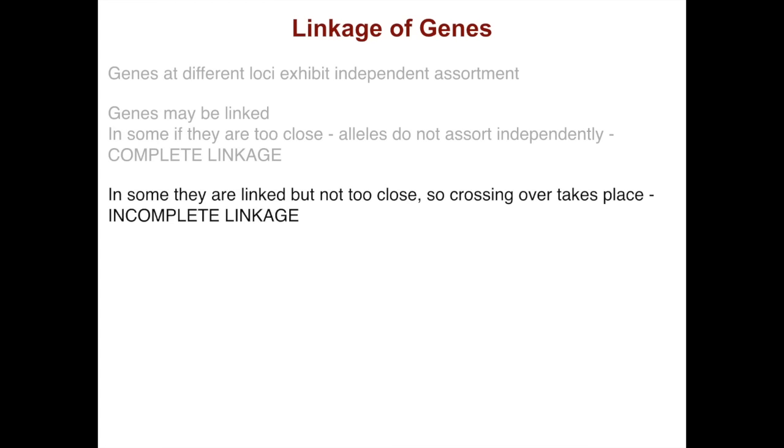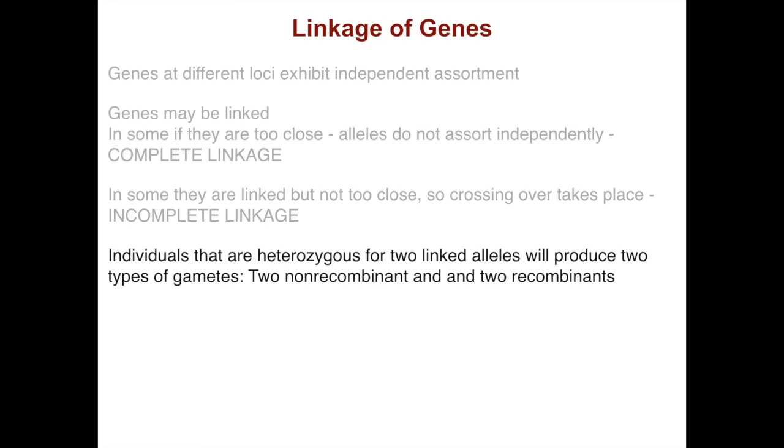In other cases, they are linked but not so close, so crossing over can take place between the genes, and this is incomplete linkage. Individuals that are heterozygous for two linked alleles will produce two types of gametes, two non-recombinant and two recombinants, and the recombinants occur occasionally.